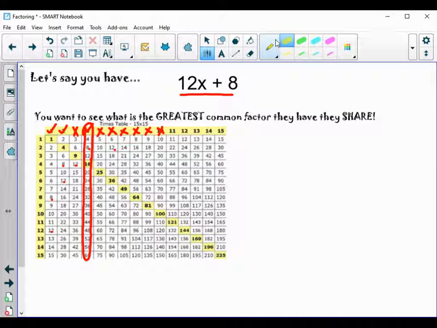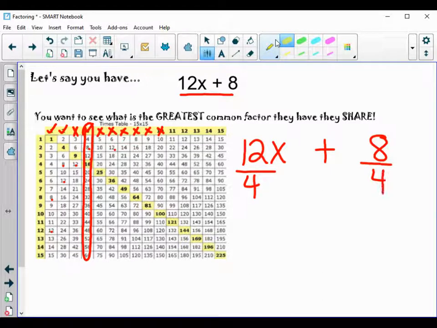So what you do is you take 12x plus 8, and you are going to divide both of those numbers by 4. Well, 12 divided by 4 gives you 3. And then 8 divided by 4 gives you 2. Okay? So that's the inside of your parentheses.